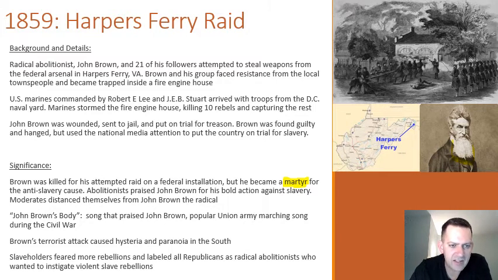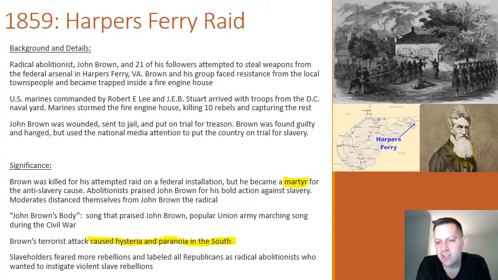John Brown's attack caused hysteria and paranoia in the South. So much so that in the South, a lot of politicians made the argument that if a Republican ever gets elected president, we're going to have somebody like John Brown in the White House. When Abraham Lincoln runs for president in 1860, guess who people in the South say that Abraham Lincoln is just like?